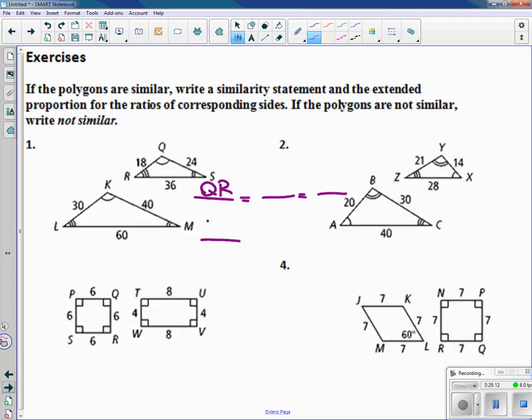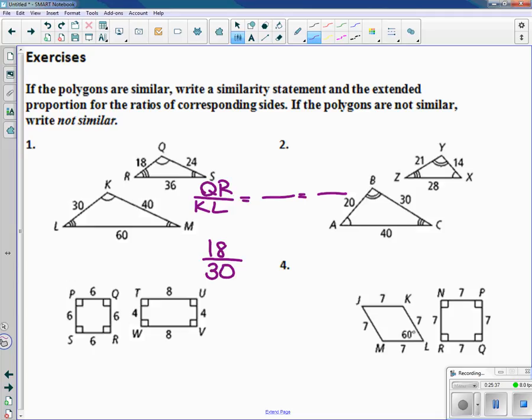We're going to make two lines. I'm going to put an 18 there. 18 over... What is the smallest side of this triangle? In the letters. KL, which is what? Henry? 30. Is everybody with me? Did I lose anybody?